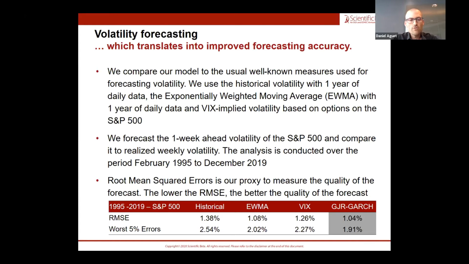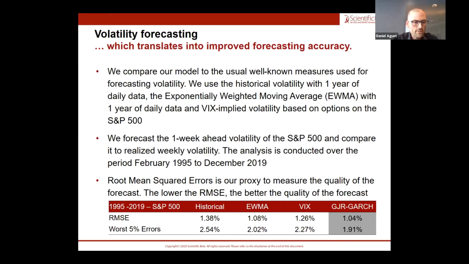We take the average across the full sample, and then we take the square root of this average of squared errors. This is what we call the root mean squared error. And this measure allows us to compare different models in terms of their forecasting accuracy. So the lower the RMSE, the stronger the forecasting accuracy.